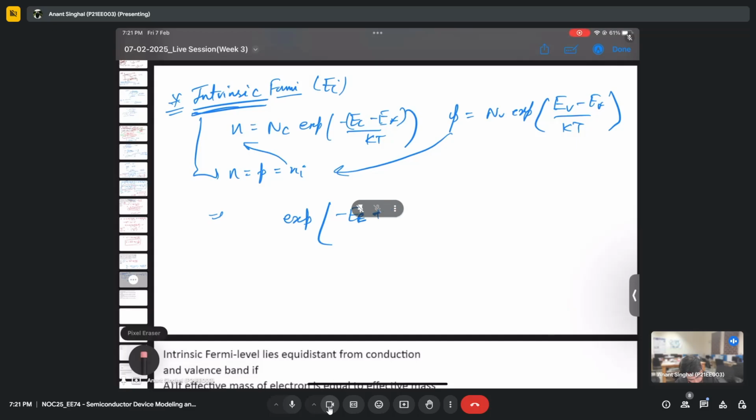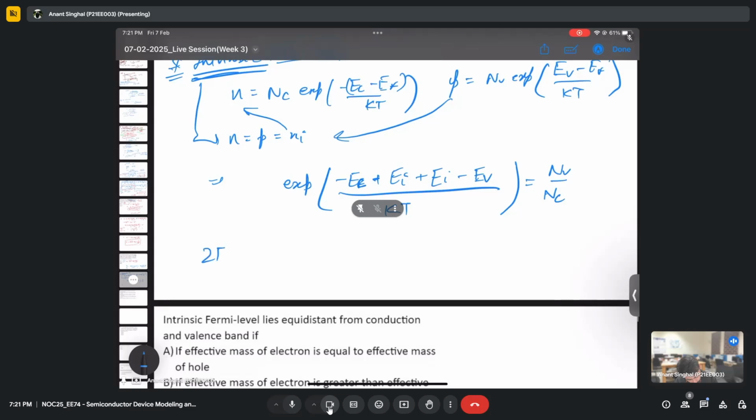So it is minus Ec plus Ei, and then again plus Ei minus Ev, because it is in divide. In the numerator it will change, and this will be nothing but Nv over Nc. So what I can write is 2Ei minus Ec minus Ev. I hope I'm not doing anything wrong. This will come out to be ln Nv over Nc.